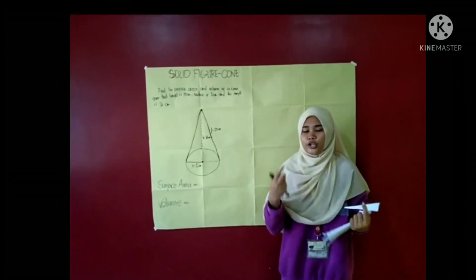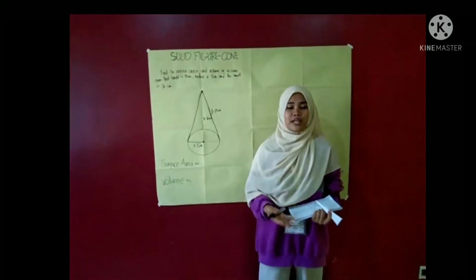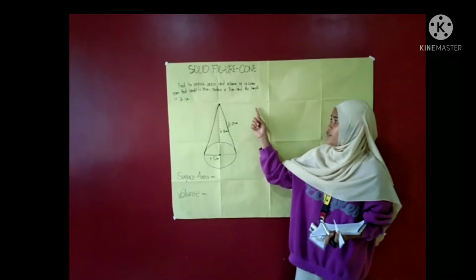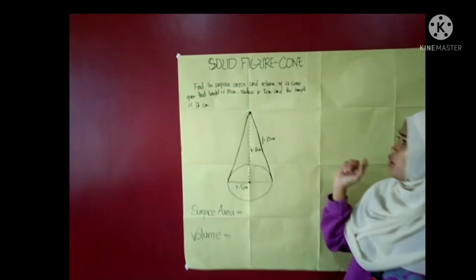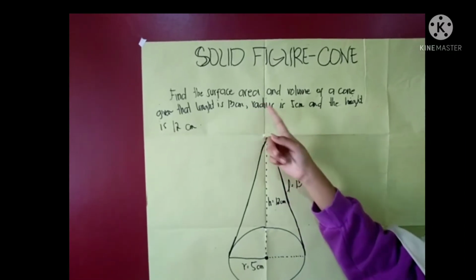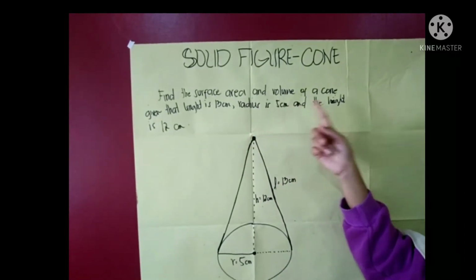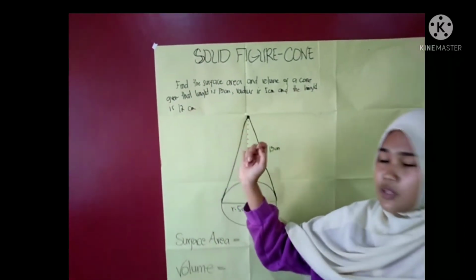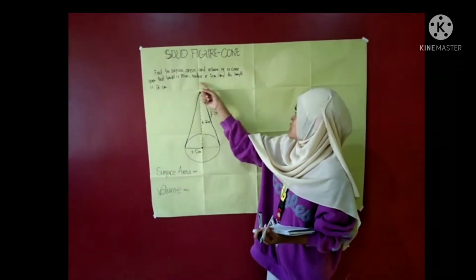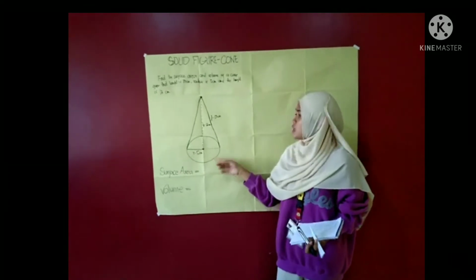Now, for you to understand it better, let me give one example. Find the surface area and volume of a cone given that the length is 13 cm, the radius is 5 cm, and the height is 12 cm. Where can we find them?